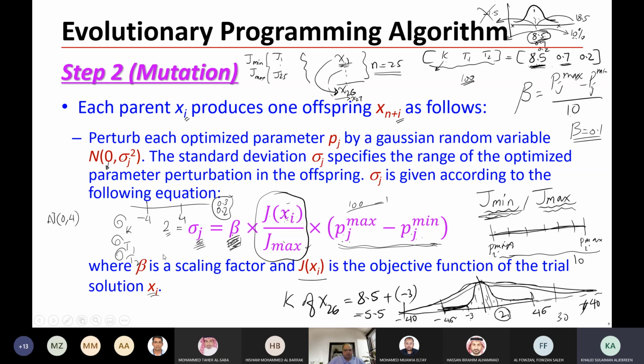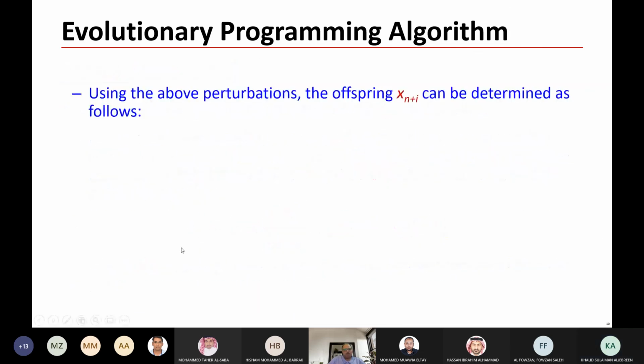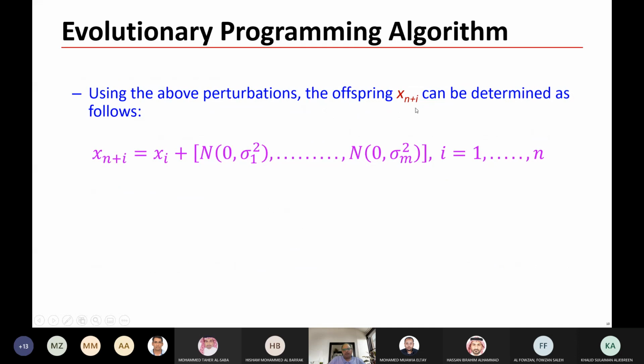Okay, so this is sigma. Using the above perturbation, the offspring x(n+i) can be determined as follows. x26 equals x1 plus the random numbers that you have here. Of course, this is a vector.